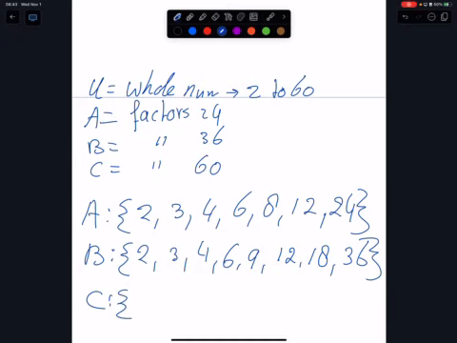C. 2, 4, we have 5 as well, 6, 7, 8, 9, 10, 12. Is 14 included? No, 14 times.